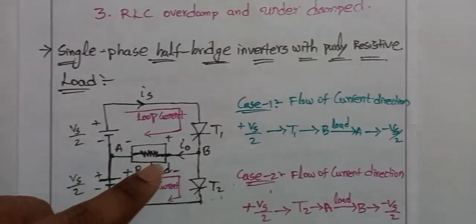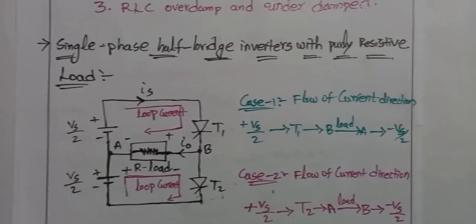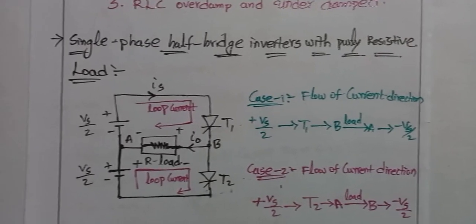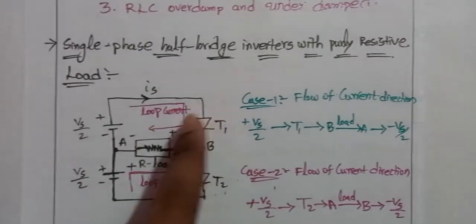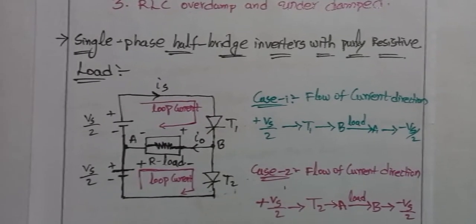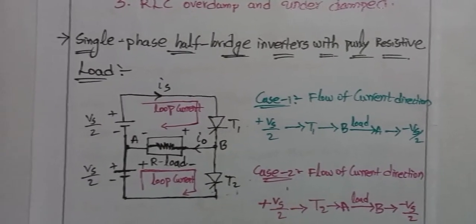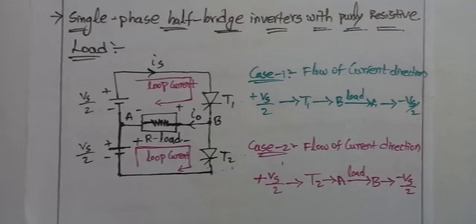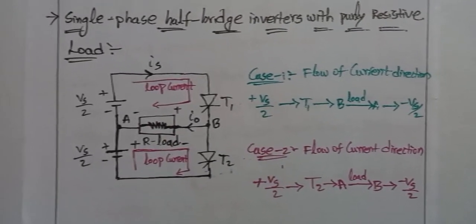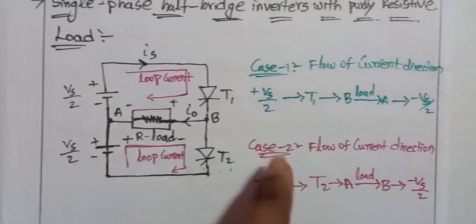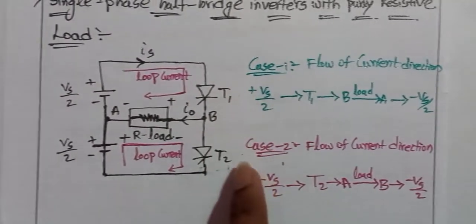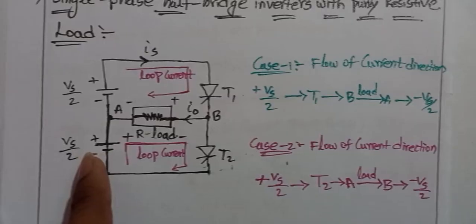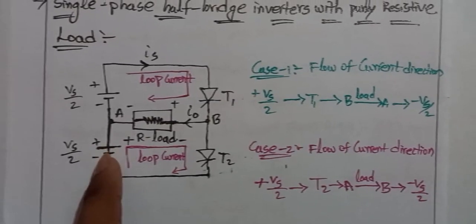These two voltages act oppositely on this particular load. It means the flow of current is completely opposite through the load resistance. Is is the flow of current for the first half cycle. When we turn on the T1 thyristor only and T2 is in turn off condition, we are not giving any power supply for that loop.